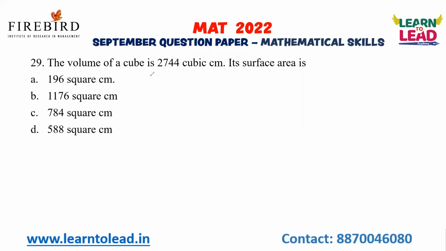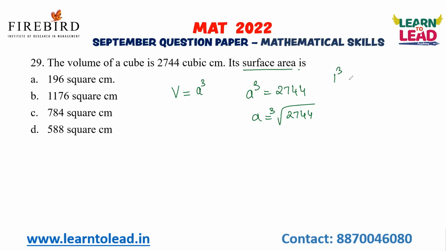Now, the volume of a cube. It is a question based on mensuration. See, the volume of a cube is nothing but a cube. They're asking for the surface area. So a cube is 2744. Then you have to calculate the cube root of 2744. What is the cube root of 2744? It's very tough, right? Now see here.